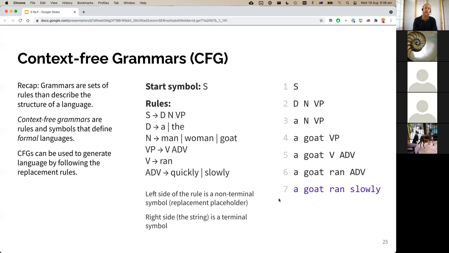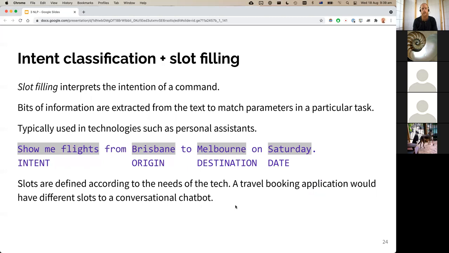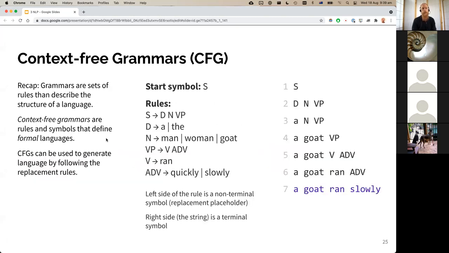People use these to also generate poetry, which is quite nice. We might even do a bit of that in the prac. But they are often used in these processes of generating instructions. So a chatbot might use these context-free grammars to generate language that is at least a little bit like English.